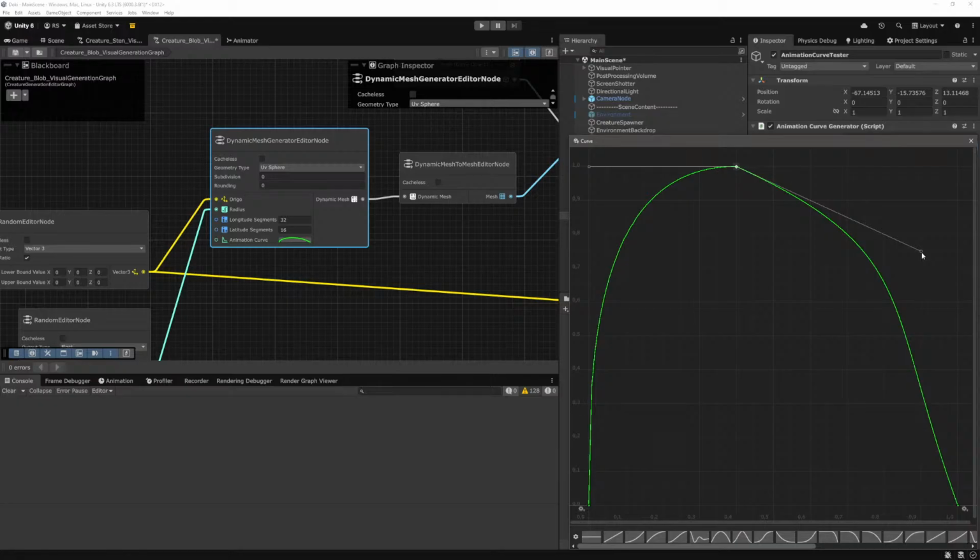Okay, so weight is a value between 0 and 1. It's the normalized value between the current keyframe's X position and the next keyframe's X position.